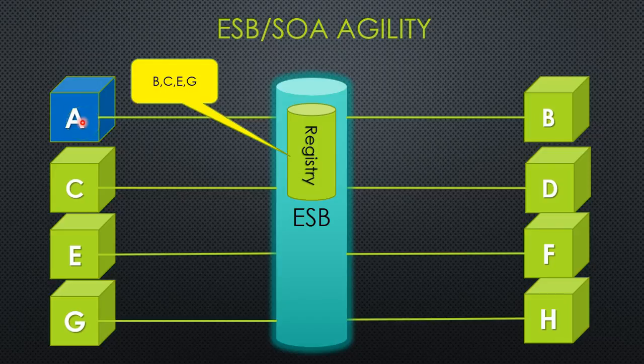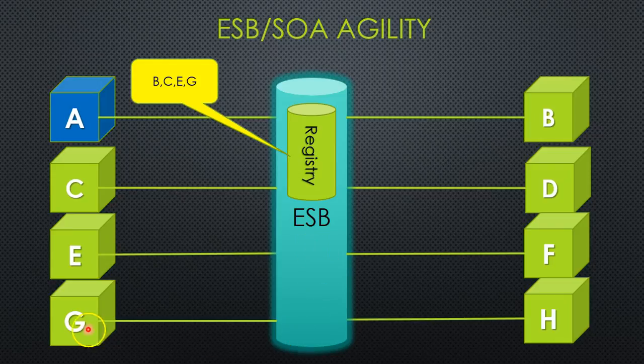So A then says, okay, I'll send the first one to B, and B knows where to get its data and where to put its data. It comes back to the ESB, and then it goes to C. C knows where to get its data, where to put its data, and it comes back to the ESB. It then goes down to E, and E knows where to get its data, where to put its data, and it goes back to the ESB.